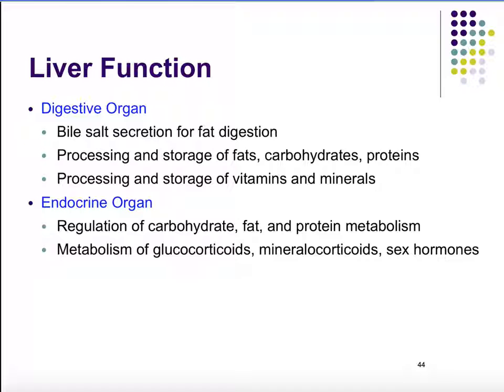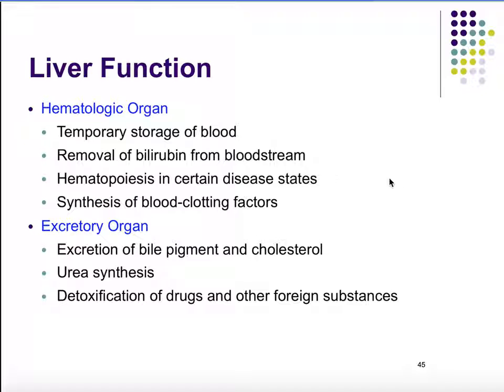Also, hormones may need some of these substrates to be able to circulate in our body as a binding protein. And it can metabolize glucocorticoids, mineralocorticoids, and sex hormones. So it really plays a role in endocrine function by metabolizing and regulating these different biomolecules.